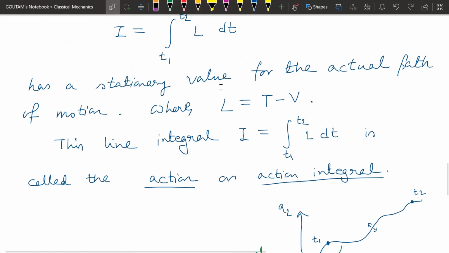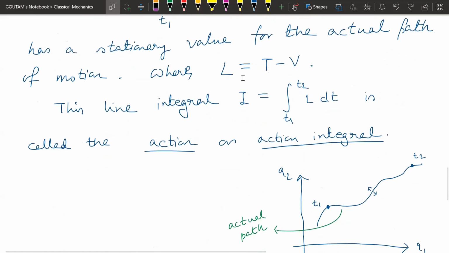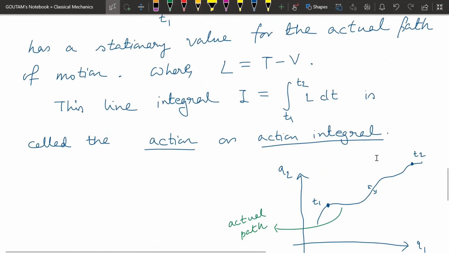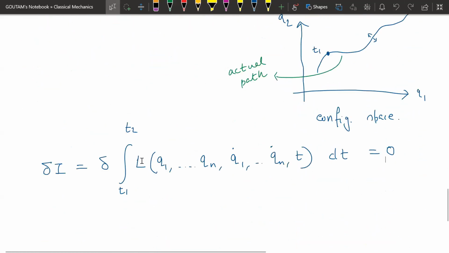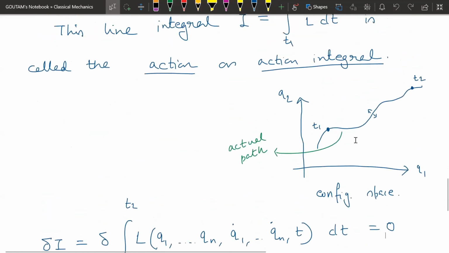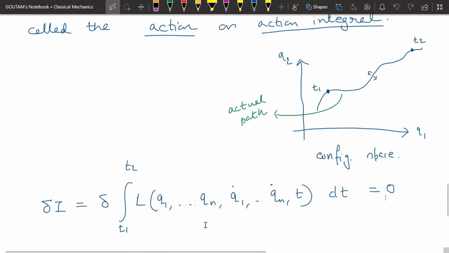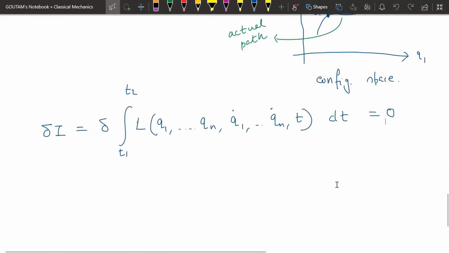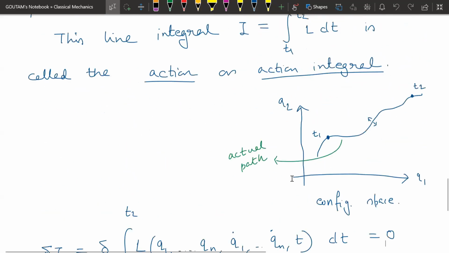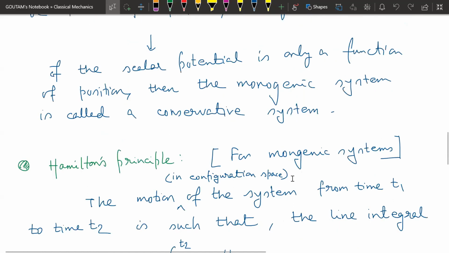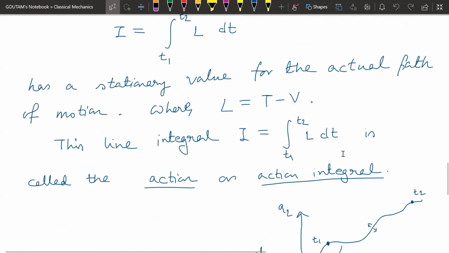That's the meaning of stationary value. At this actual path of motion, the value of this integral is stationary. By infinitesimally shifting this path, the integral will not change. So this is the statement of Hamilton's principle.